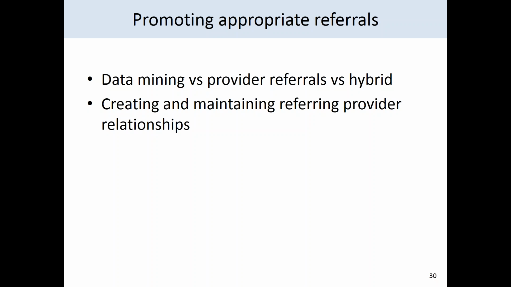Really think about this carefully, given the huge role it plays in the number of individuals that are successfully identified, and then the number of individuals who are actually referred, and the number of referred individuals who accept services. This is really, really important. And so spending time thinking about how can we promote appropriate referrals will really be time well spent towards the beginning of the payer-provider relationship.